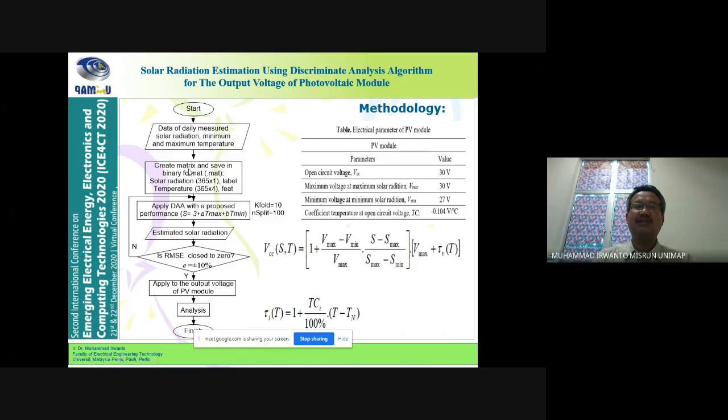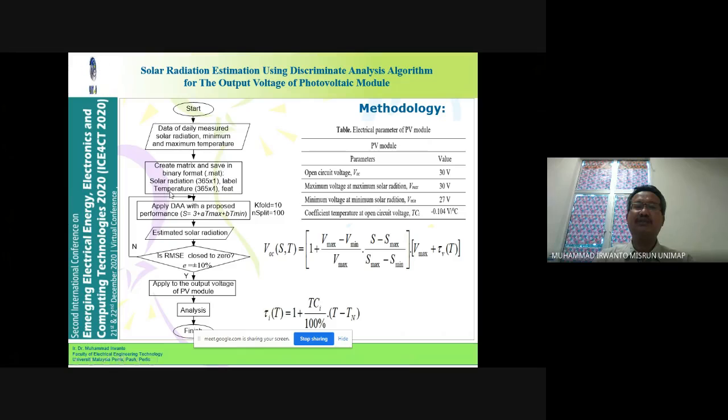matrix. The matrix is solar radiation and temperature. The solar radiation for the 365 days, the daily solar radiation, is created in a matrix by using MATLAB in one row and 365 columns, with the matrix name label.